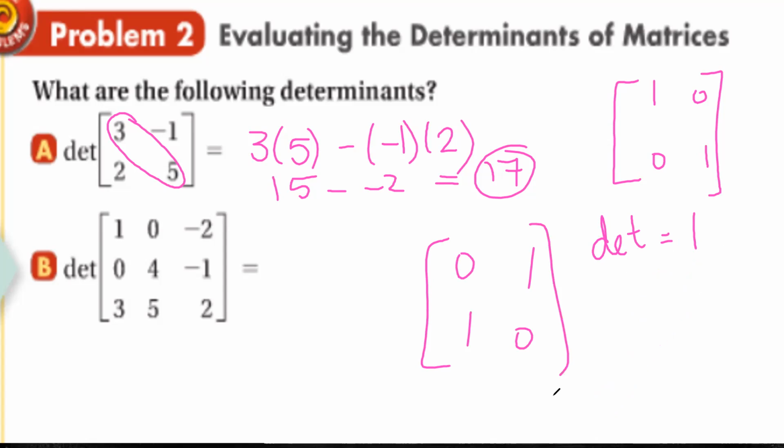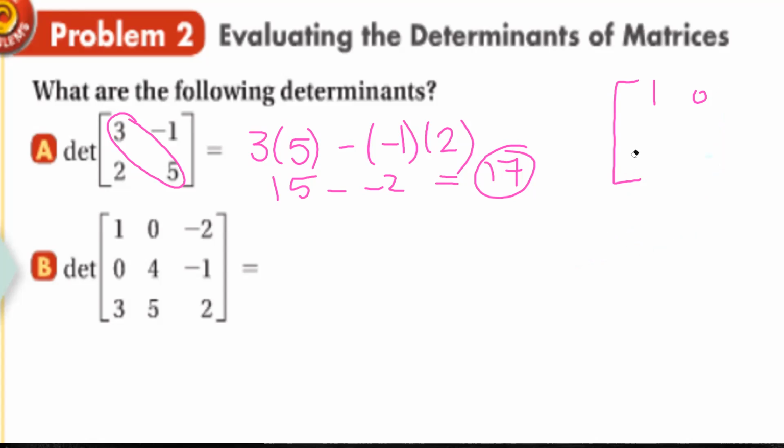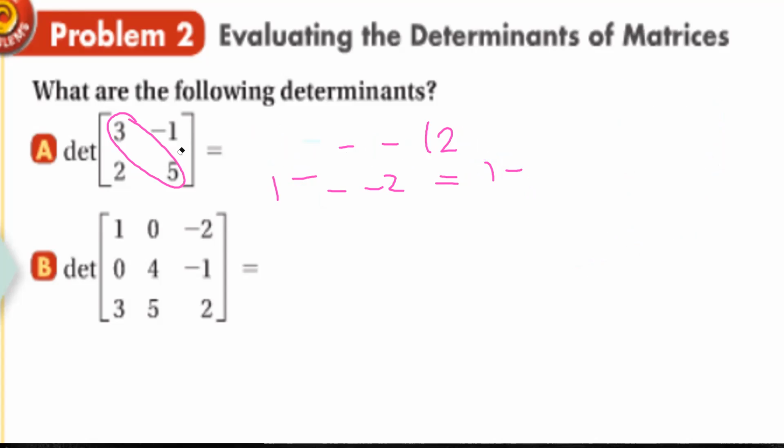If you make it like this, the determinant will be negative, and this is false. That's why the identity matrix has the order 1, 0, 0, 1, because the determinant must be 1. So this is the determinant for 2 by 2: AD minus BC.